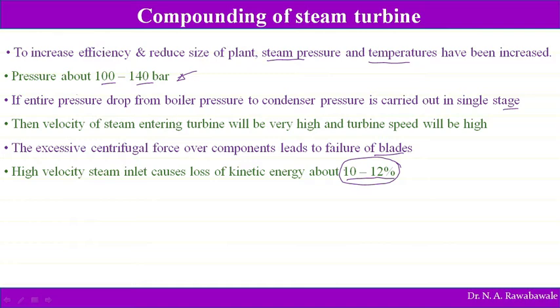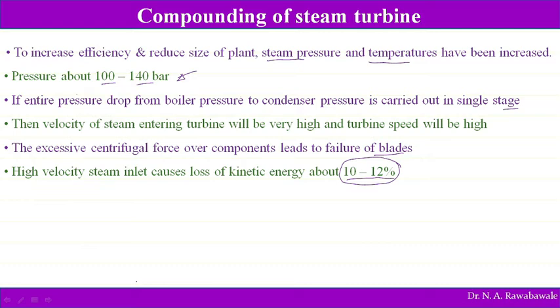So, what is this compounding? The compounding of a steam turbine is made in order to overcome the difficulties of very high velocity of steam and high speed of the turbine, which cause damage to the turbine parts, as well as the loss of kinetic energy of about 10 to 12%.